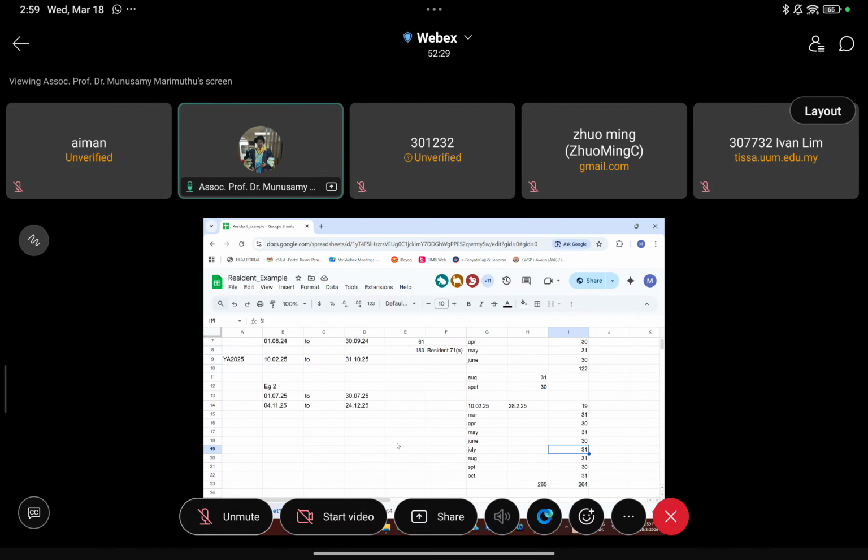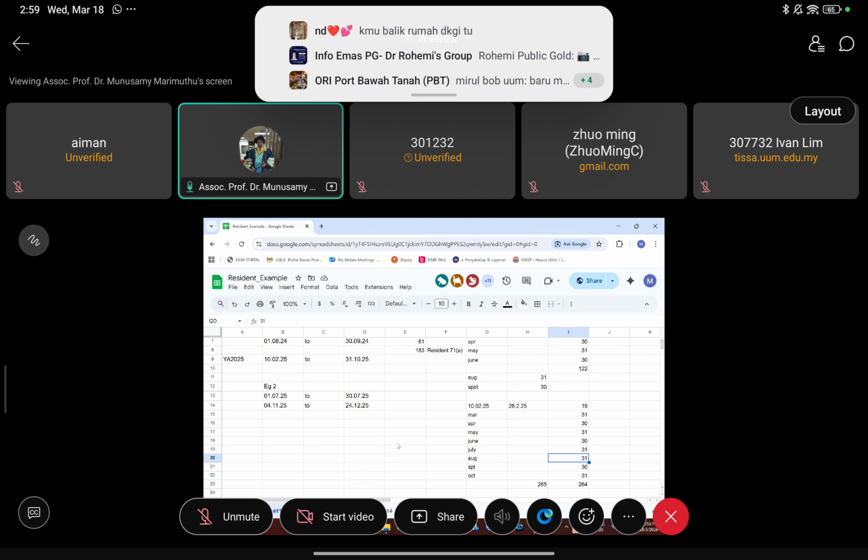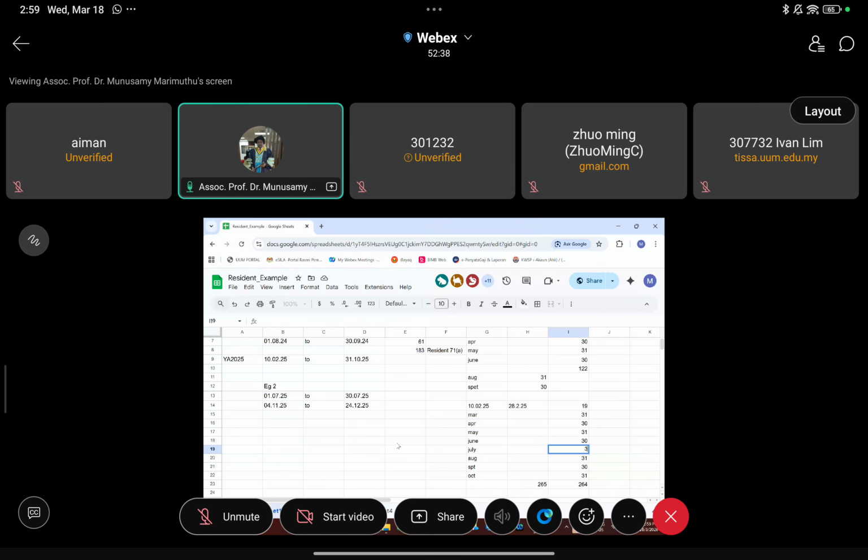June is 30, July, August 31. June is 30, isn't it? No. Where is June correct? This is 31, correct. August correct. September, October. So can anyone confirm here? Is it 18 days or 19 days?